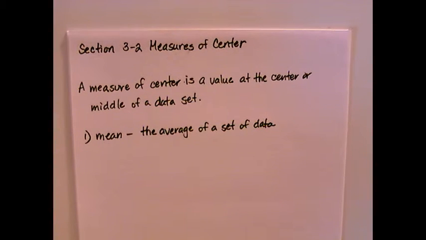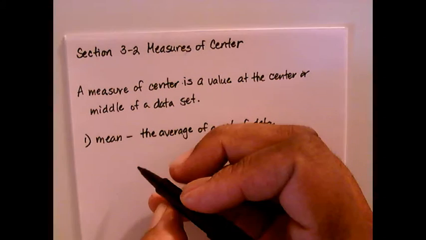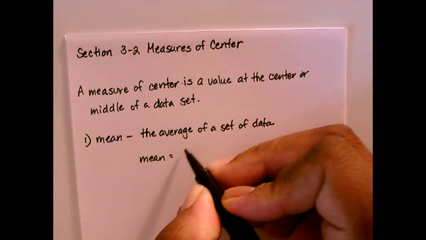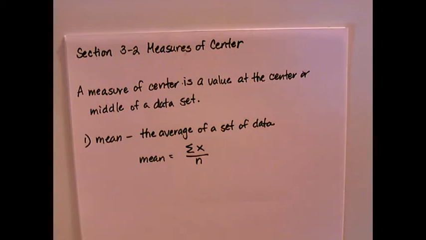In other words, you take all your individual data values, add them together, and divide by how many data values you have. We have a formula for finding the mean, and it's this formula here.